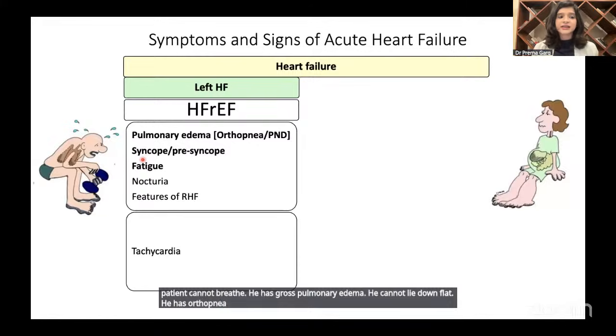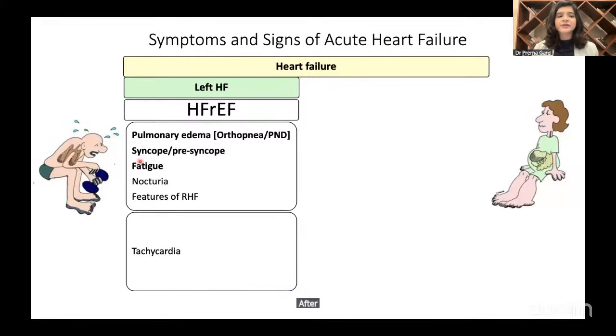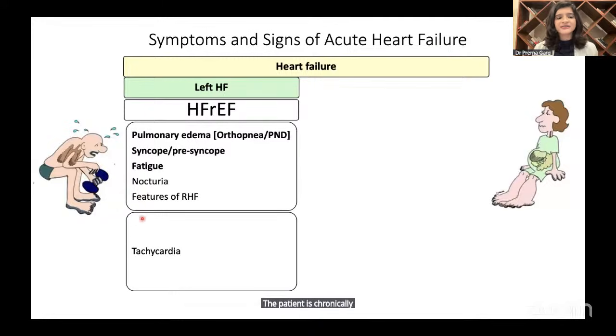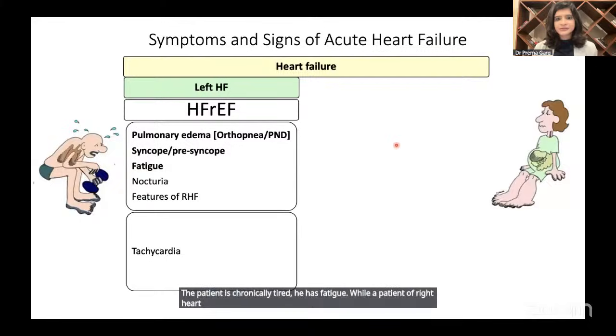When he lies down, after a few hours, he has to get up because he is suffocating. He seeks out a window. He has paroxysmal nocturnal dyspnea. When the patient tries to exert or do any exercise, he feels dizzy. There is blackening in front of his eyes. He has syncopal and pre-syncopal attacks. The patient is chronically tired. He has fatigue.